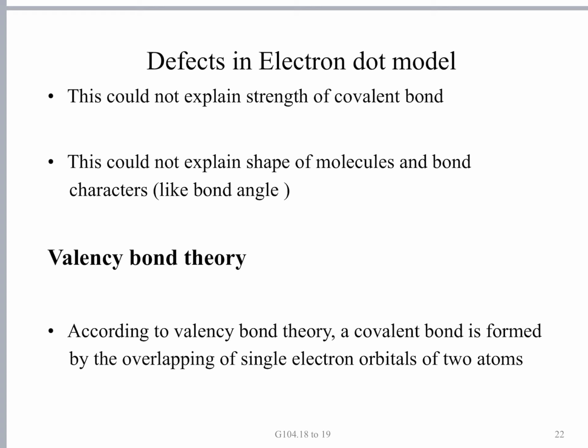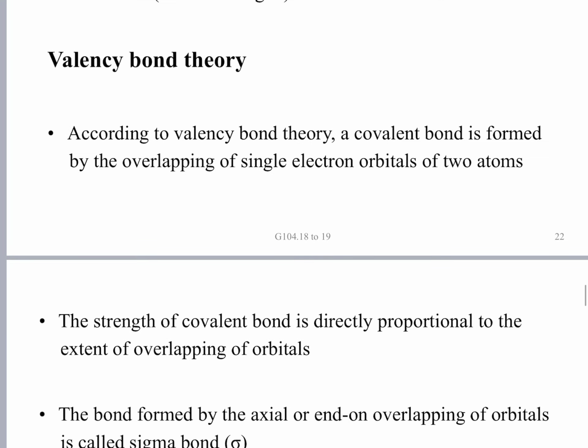This gave rise to the proposition of valence bond theory, one of the advanced theories to explain the chemical bond. According to valence bond theory, a covalent bond is formed by overlapping of atomic orbitals, single-electron orbitals of two atoms.